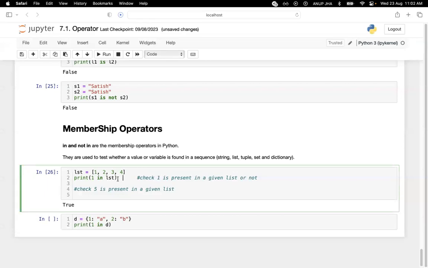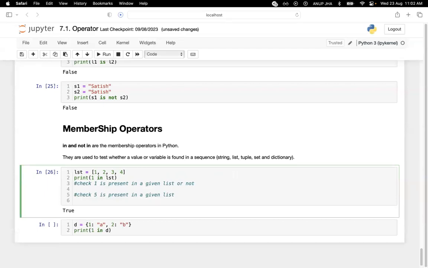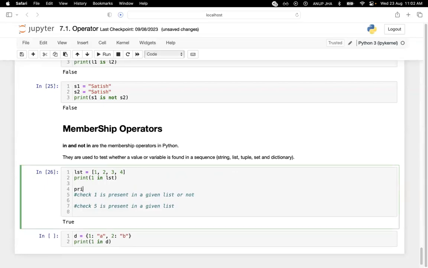If I check something else, let's say print 6 in LST, what shall I get?